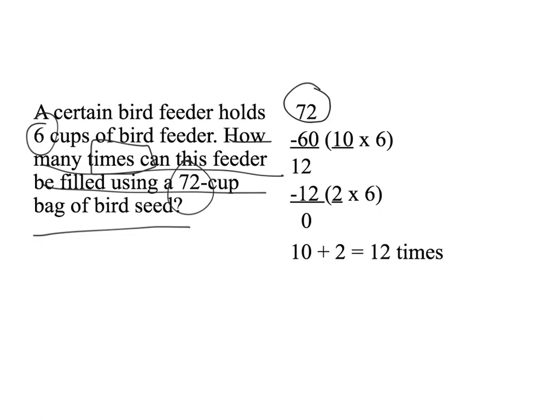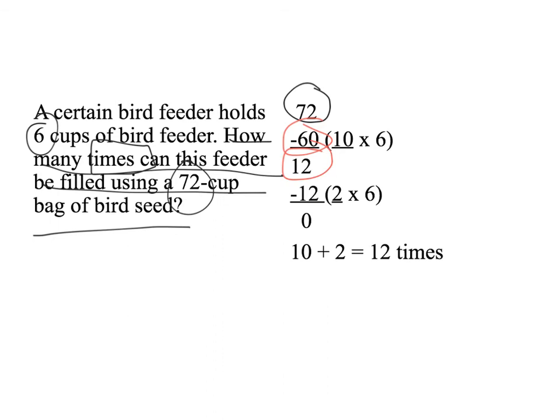But I need to ask myself if I think that there are more than 10 sixes in 72. Well, 10 sixes would be 60. So if I did 10 sixes, I'm going to subtract 60 from 72, which leaves me with 12 left to subtract. Well, I know that 12 is a multiple of 6 because if I count by 6, I'll count twice before I get to 12.